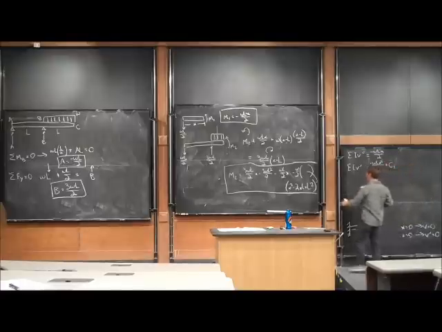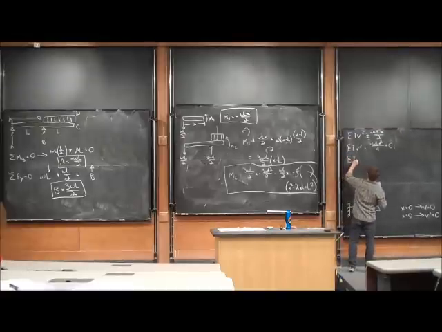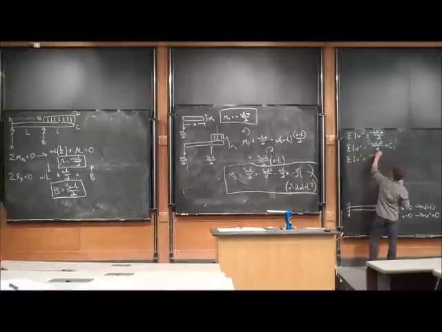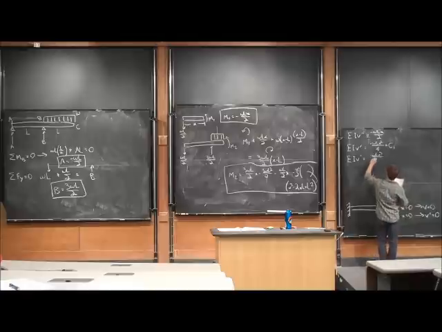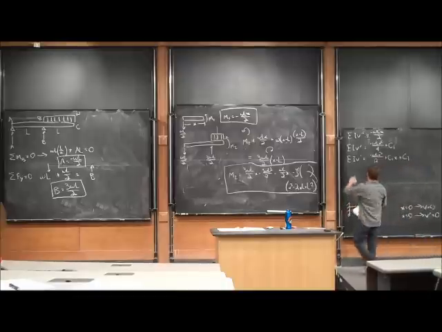We integrate that one more time, and we see that it's negative WLX cubed over 12 plus C1X plus C2. We have to include our constant of integration here. That's not a prime.